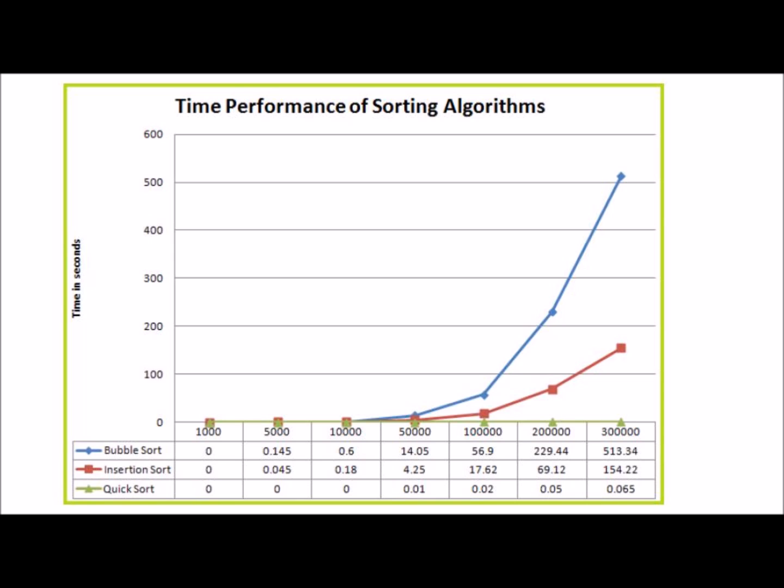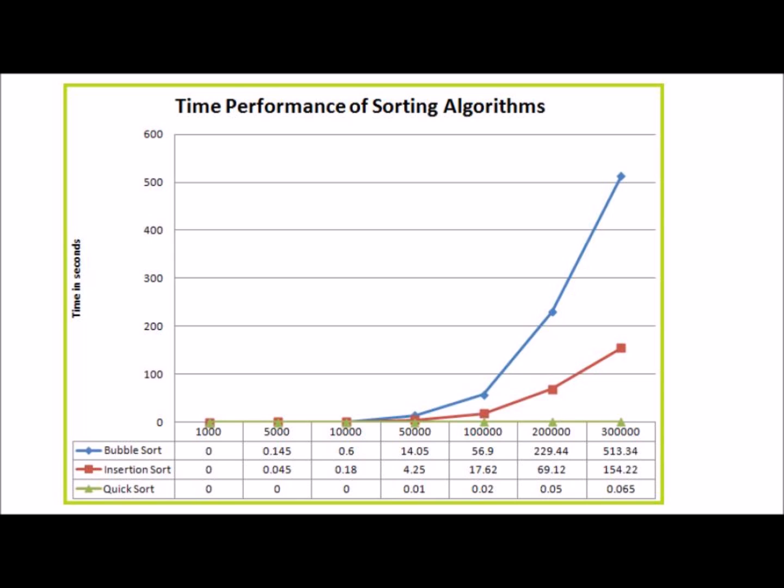And this is one of the images that I found from one of my research references. It has almost the same values, and we can see the blue bubble sort, insertion sort, and quicksort. For bubble sort, when the elements increased, the time it took to execute increased drastically.